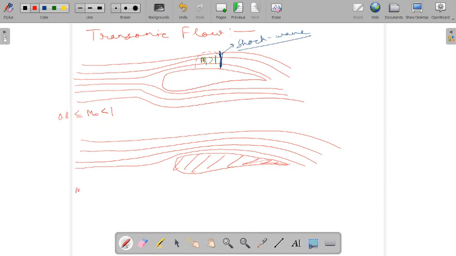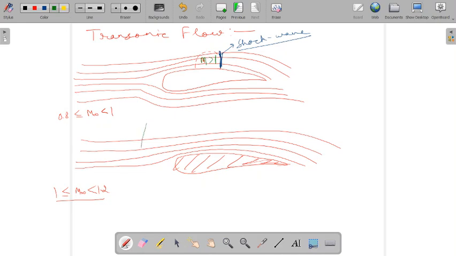The Mach number is now from 1 to 1.2. So in this situation what happens? We find the occurrence of two shock waves.